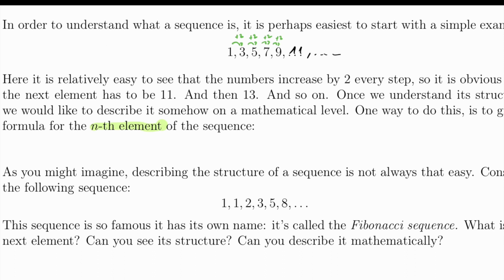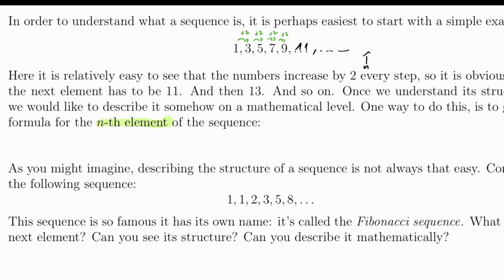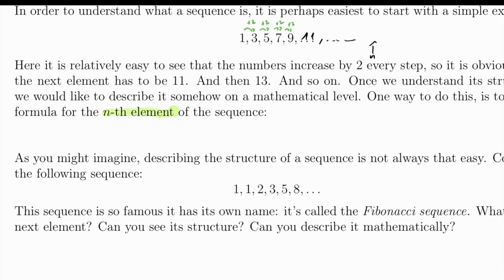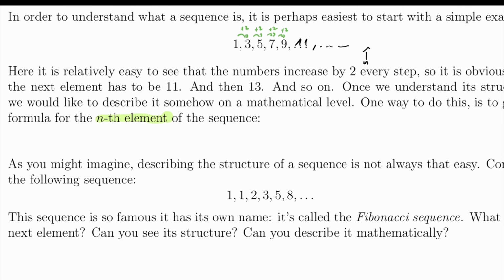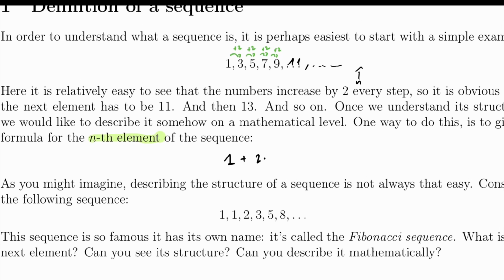and then the question is, hey, if I am at the location n, then what is the value of this element? And here you easily see that, okay, you started at 1 and then you always add 2. And how many times do you add 2? Well, here you have to be a little bit careful. For instance, make an example.